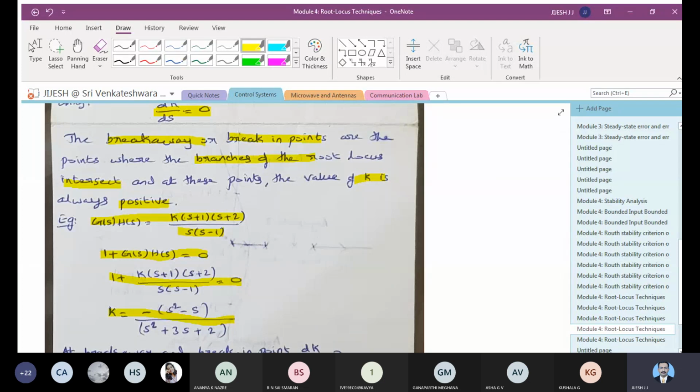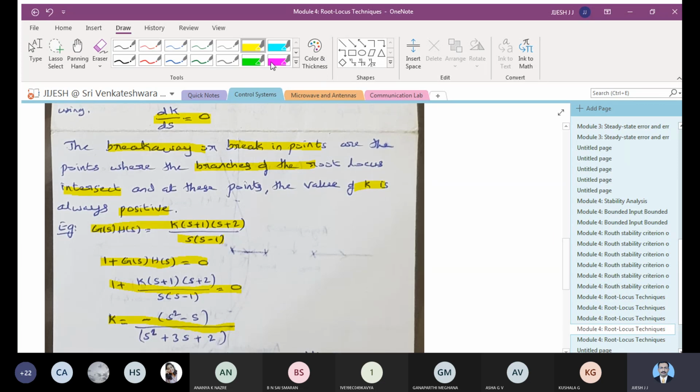At the breakaway point and break-in point, what we have seen in the explanation is that we have to take dK by ds is equal to 0. What is K here? K is minus of s square minus s divided by s square plus 3s plus 2.